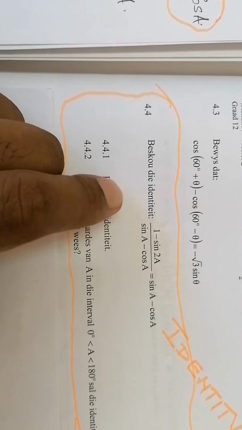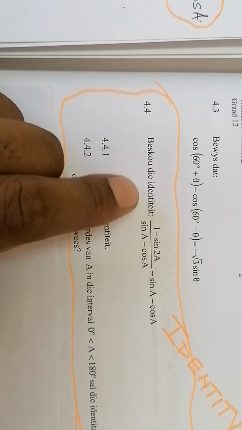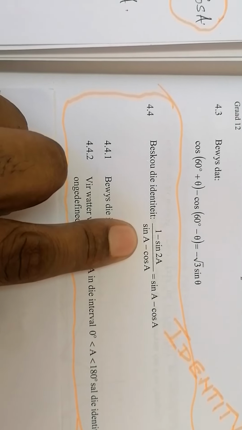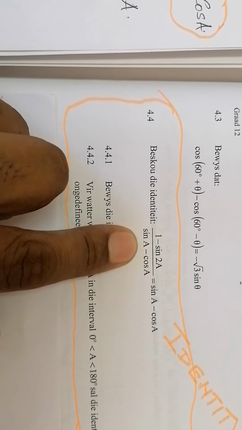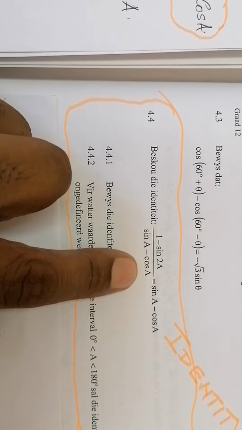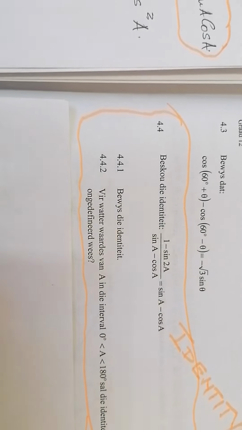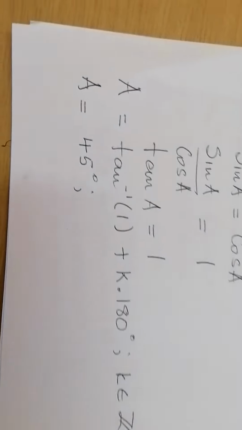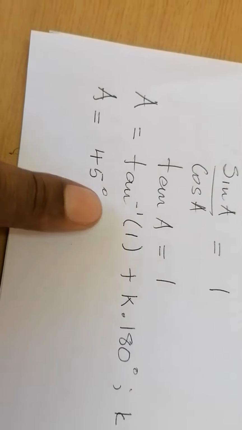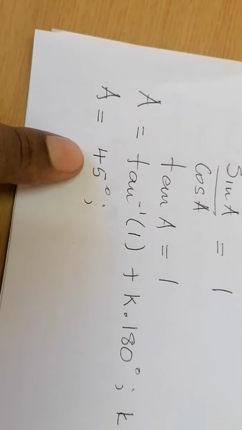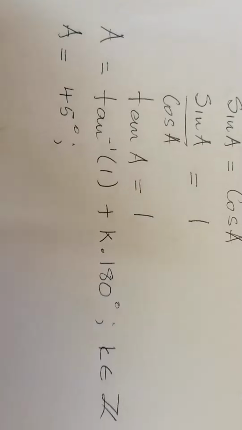And again, if you want to test as many solutions as possible, you can even go for 25 degrees and 65 degrees. You will see that these two will cancel. But in this case, solving it mathematically, we could see that 45 degrees will make the identity undefined.